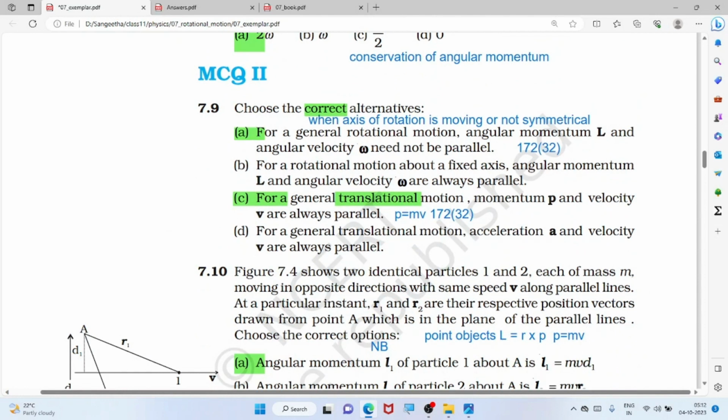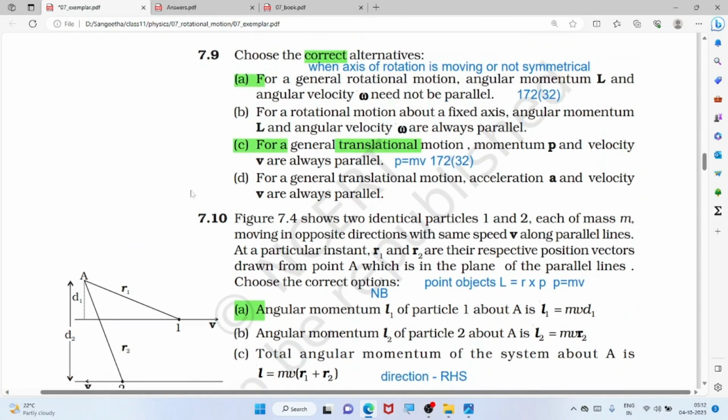Choose the correct alternative. For a general rotational motion, angular momentum L and angular velocity need not be parallel. In some cases, if the axis of rotation is moving and it is not a symmetrical system, they need not be parallel.